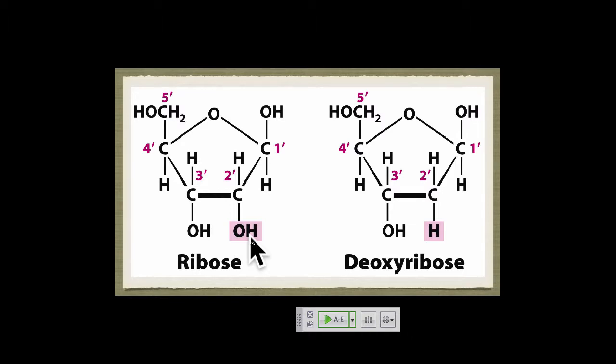DNA is a remarkably stable molecule. This is why we've been able to clone and sequence DNA from Egyptian mummies and other organisms that have been dead for tens of thousands of years, millions of years, whatever the number of zeros is at the end of it. RNA is not that stable, but RNA is a transient molecule. The cells constantly turn over and make new RNA molecules. But for right now, the difference between the ribose for RNA and the deoxyribose is the presence or absence of this hydroxyl group on the 2' carbon.